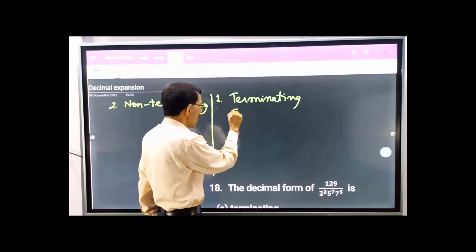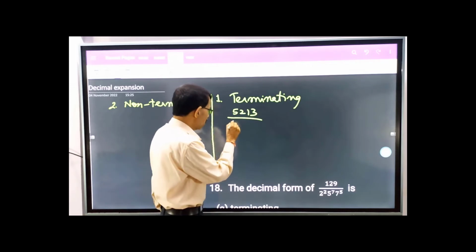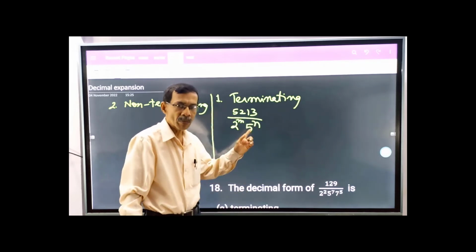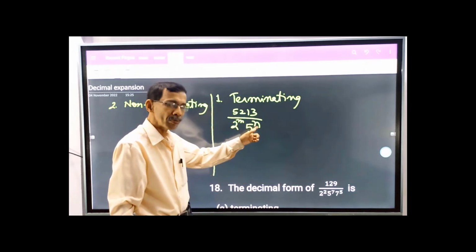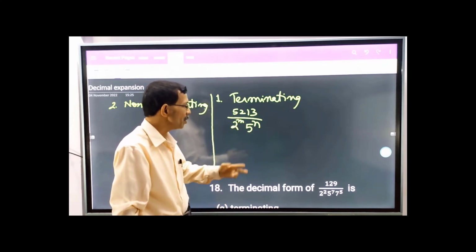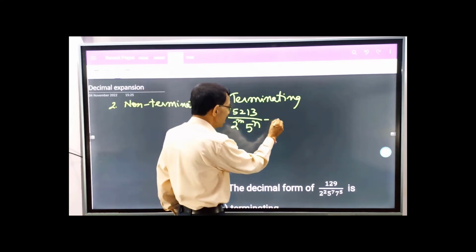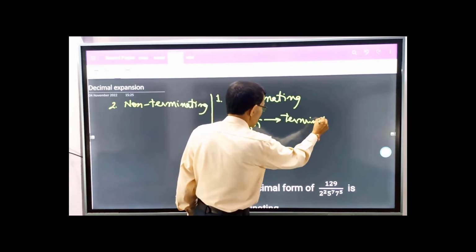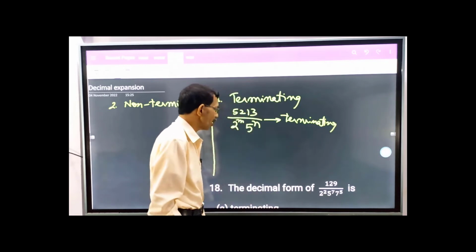Let's say 5213 divided by 2 raised to m into 5 raised to n. If such a number is there where m and n may be different or same, then it is terminating. It has got terminating decimal points.